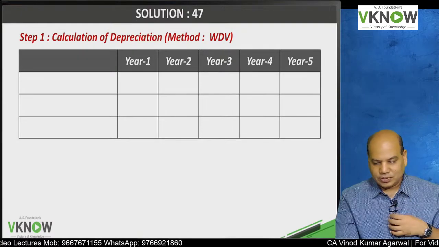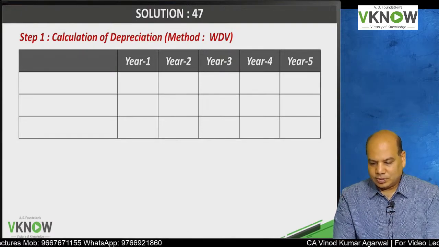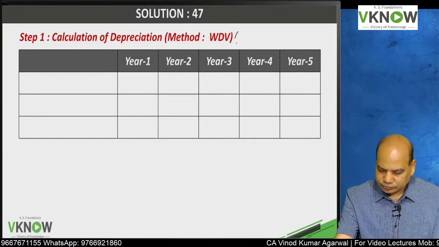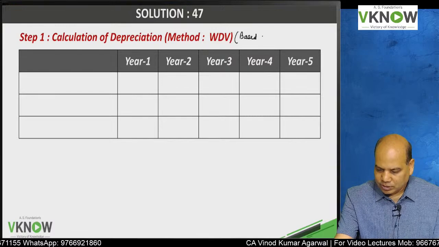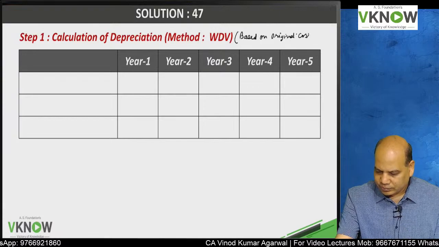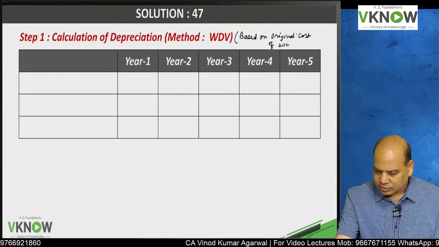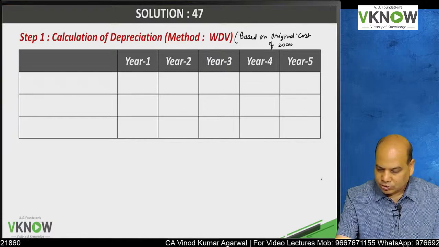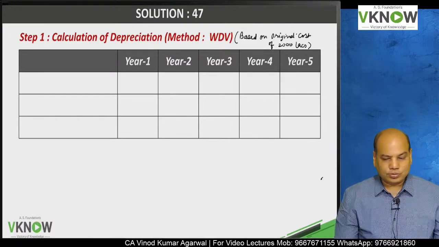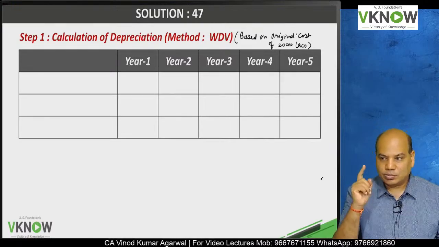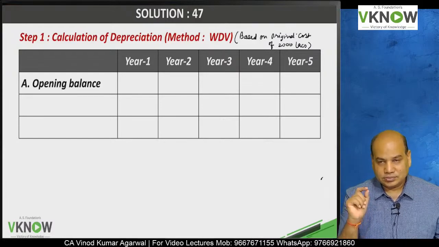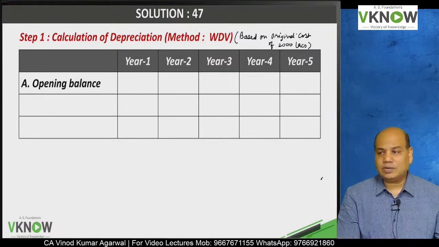Start. Step 1. Calculation of depreciation. Method WDV, based on original cost of 2000 lakhs, because I have to prepare one more table for depreciation later when the cost of plant and machinery will increase.